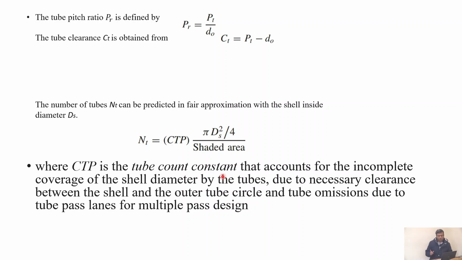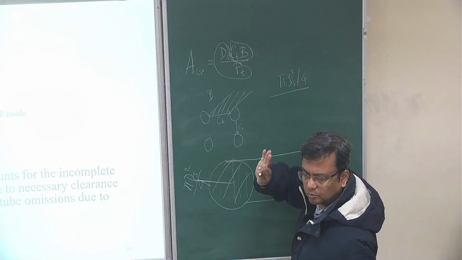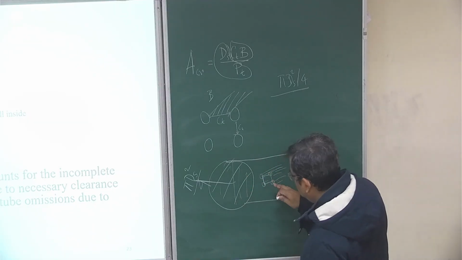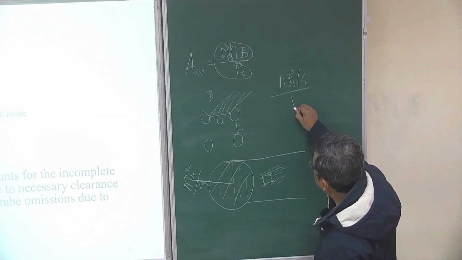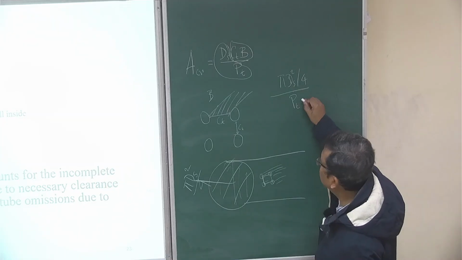Now just think about it. Pi ds squared by 4 divided by shaded area. If you don't bother about shaded area so much, just think about the square arrangement first. So what is this? This is PT square, right?